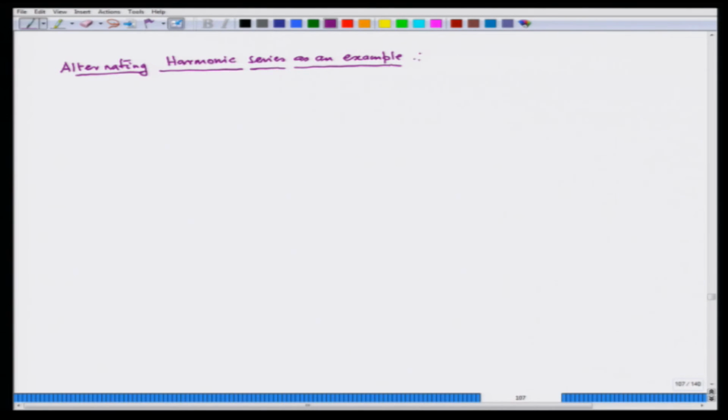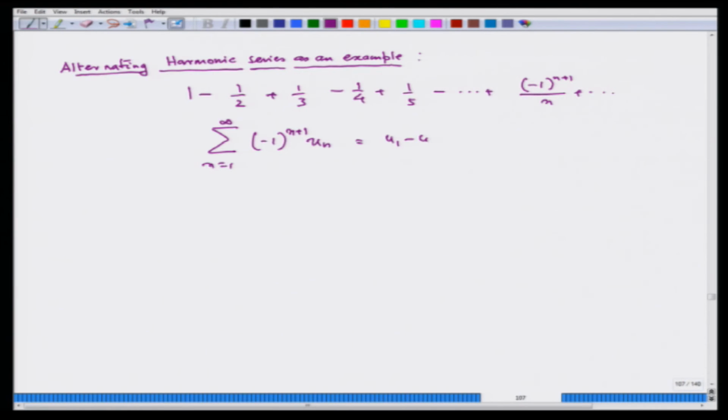It is a very interesting thing which happens here. So in general, an alternating series is given in this form. Instead of an, we will write the terms as un. It is u1 minus u2 plus u3 minus u4, and so forth.